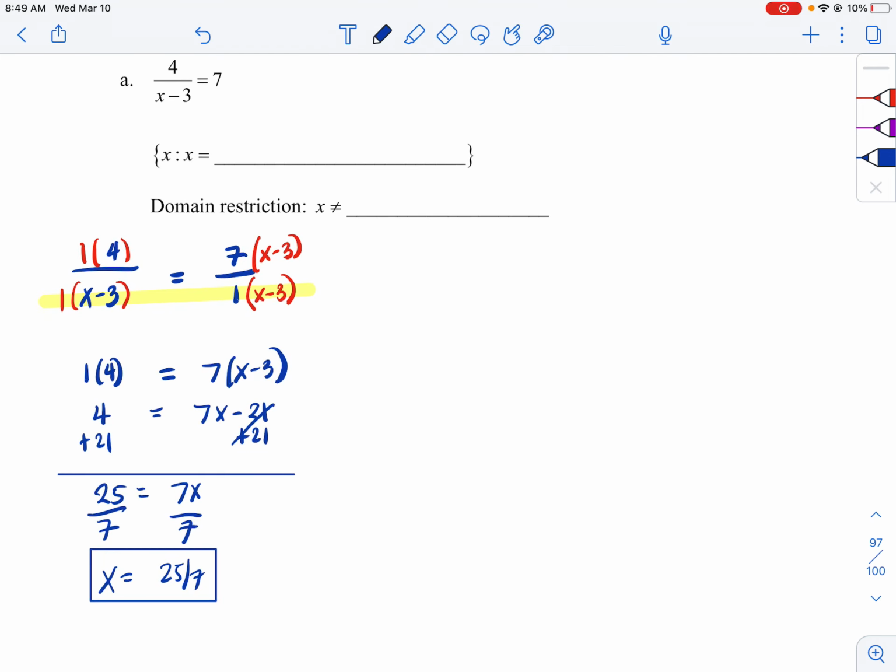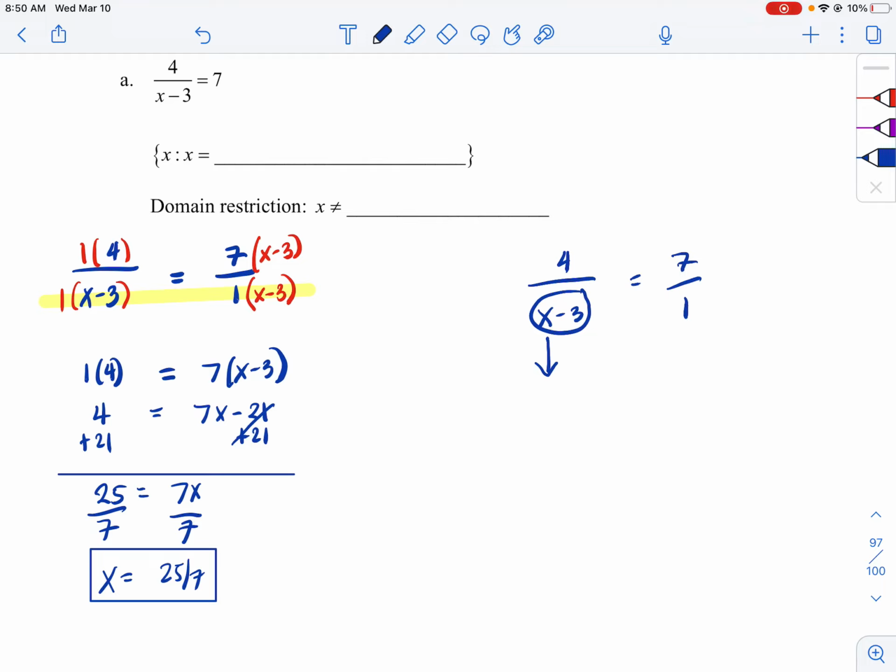A number over a number. And in those cases, we need to make sure that our bottom will never be 0. So let me go back to the original equation, which we should have done in the beginning. It has a variable x in here. What would be a value that x cannot have?